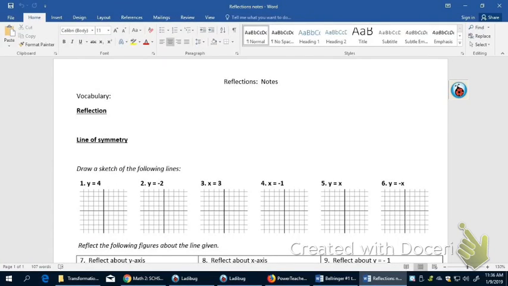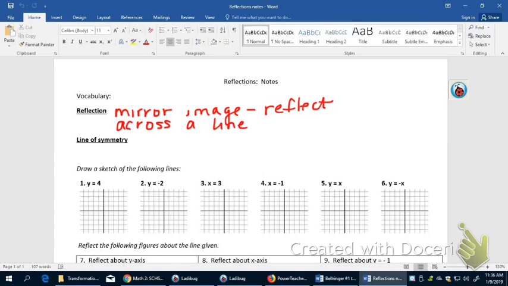And according to the video we just watched, it's a mirror image. And normally with a reflection, you reflect across a line. It'll tell you.